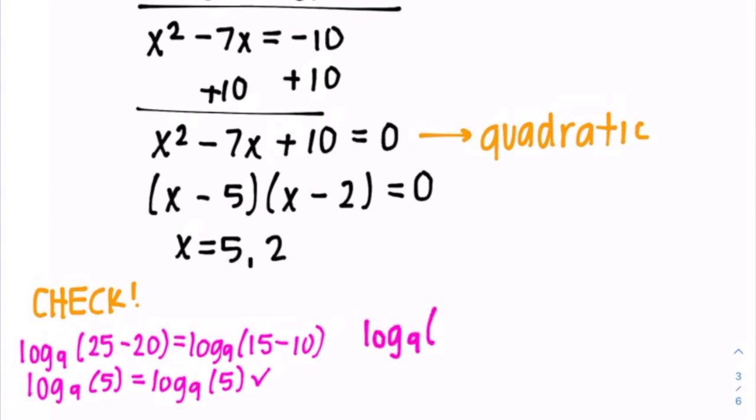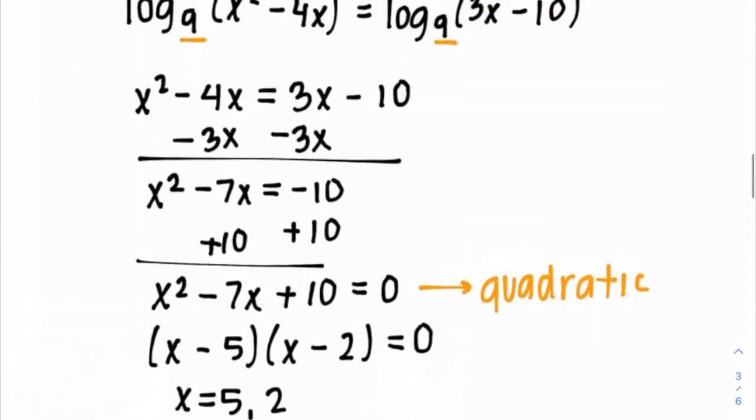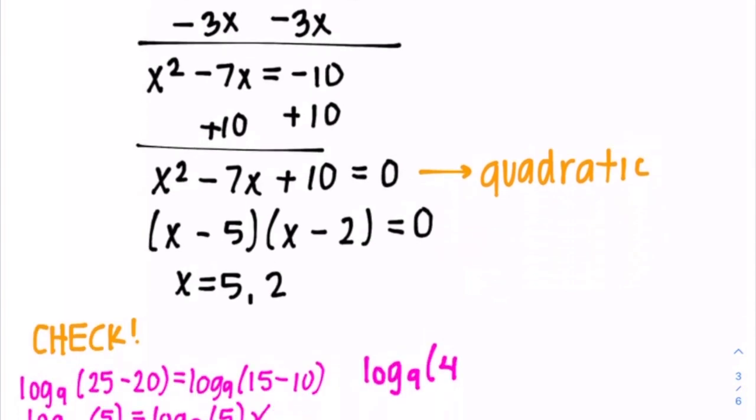When we plug in 2, we get log base 9 of 4 minus 8 equals log base 9 of 6 minus 10.